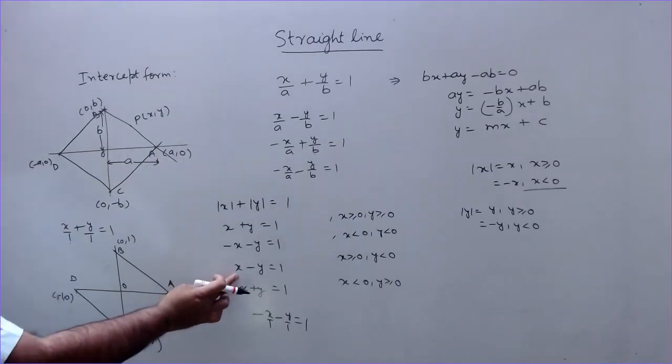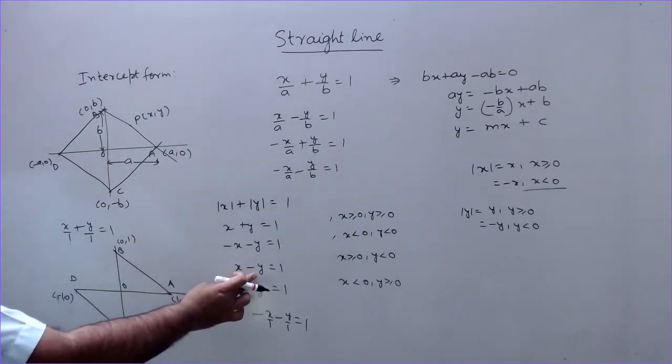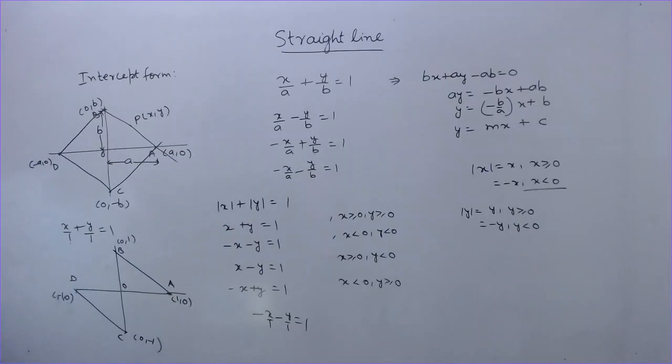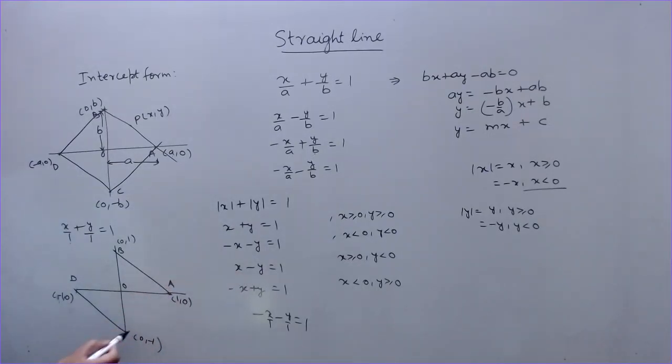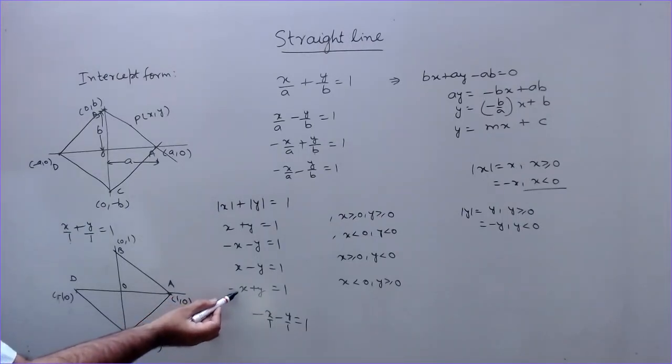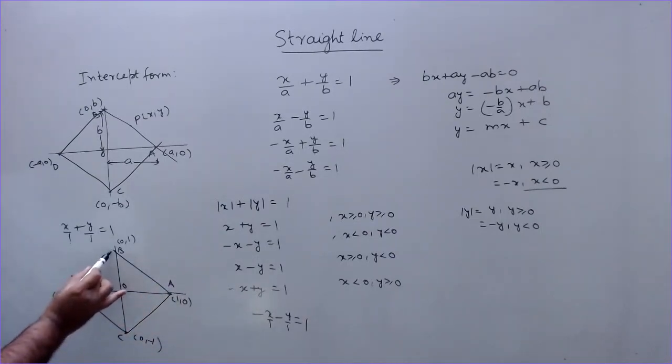You can write x by 1 minus y by 1 is equal to 1, the second form. And the third one has a positive intercept of 1 unit on y, and a negative intercept on the x-axis.